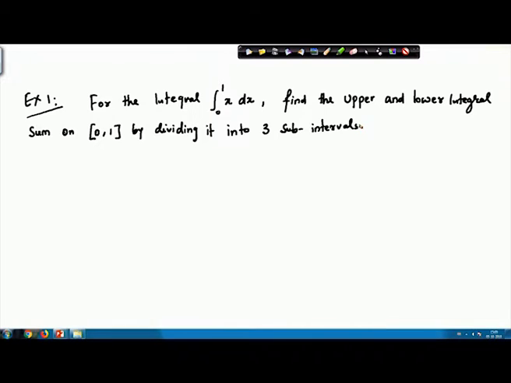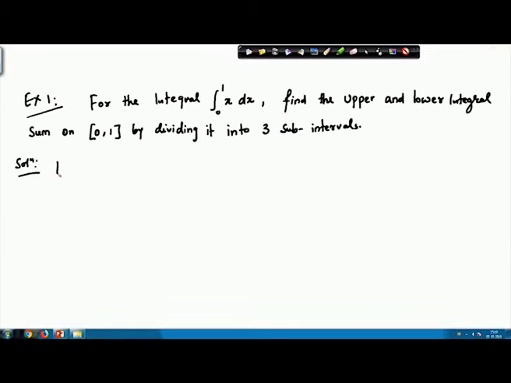So that means our partition will have 4 points, and those 4 points will constitute our 3 subintervals. Now it's obvious that if you divide the interval 0 to 1 into 3 subintervals, then your partition points will be 0, 1 by 3, 2 by 3, and 3 by 3, which is 1.